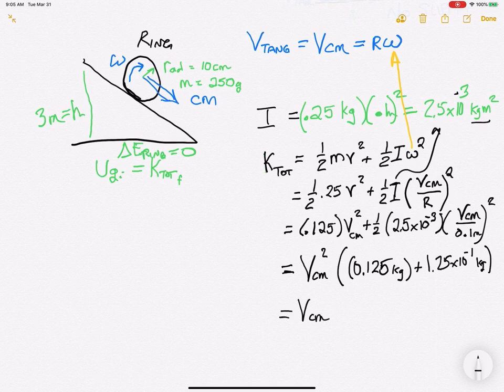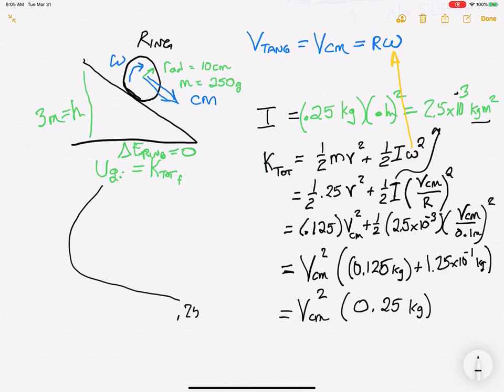V center of mass squared. Everything over here is 0.25 kilograms. I'm going to bring in the mass, 0.25 kilograms, 9.8 for g, and the height of 3 meters.